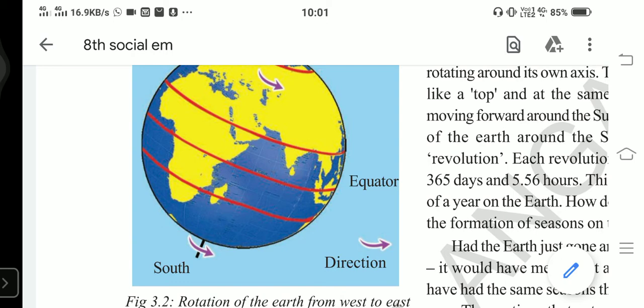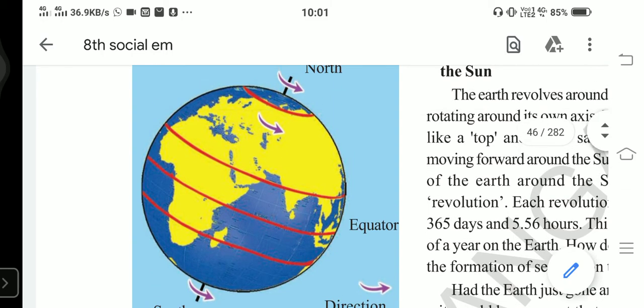The first and foremost effect of the Earth's rotation is a daily alternation of day and night. See, when it rotates from west to east, one half of the Earth is exposed to the sunlight. That is called day.